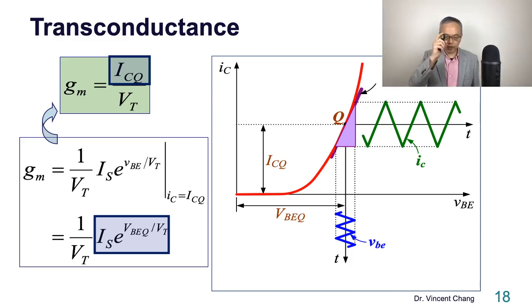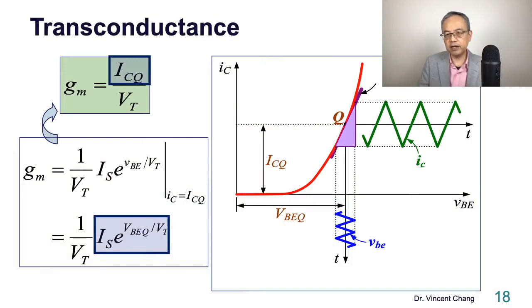This is a very common and important formula you should remember. The transconductance for the MOSFET is proportional to the square root of the bias current.